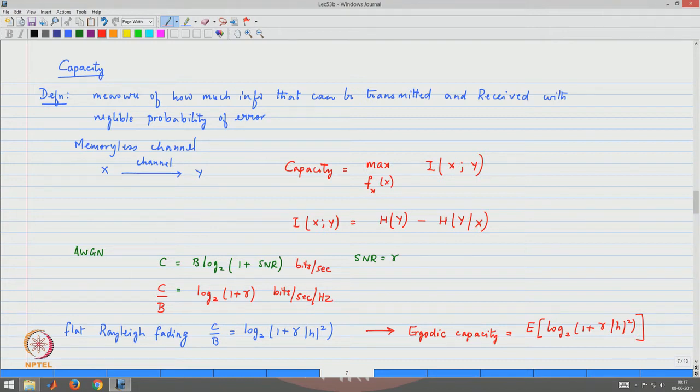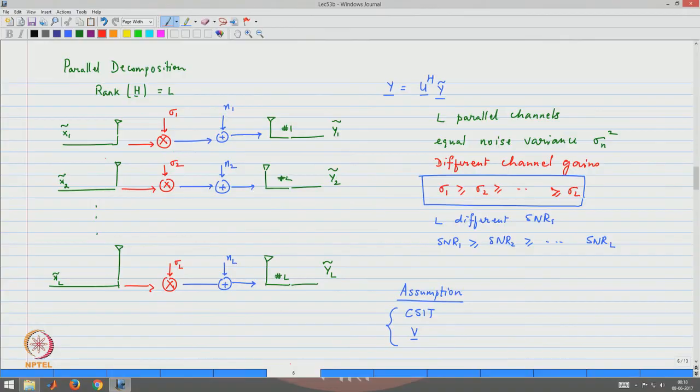So, given this particular framework, let us zero in on our understanding of the capacity of an AWGN channel, where the capacity depends upon the SNR. The SNR in turn will depend upon the noise variance. It will also depend on the channel gain that we encounter, and of course the transmitted signal power. Based on these assumptions, we would now like to go back and revisit our parallel decomposition.